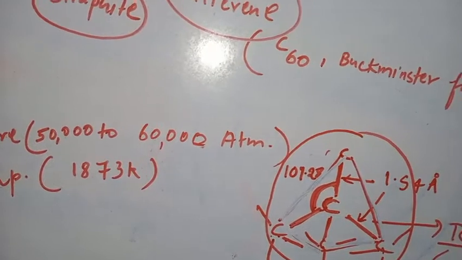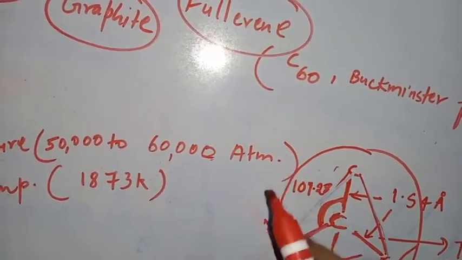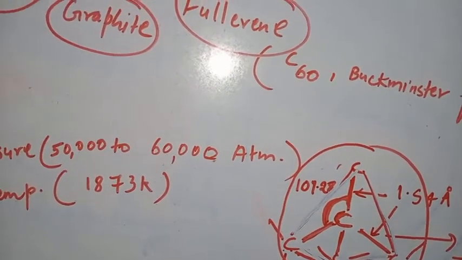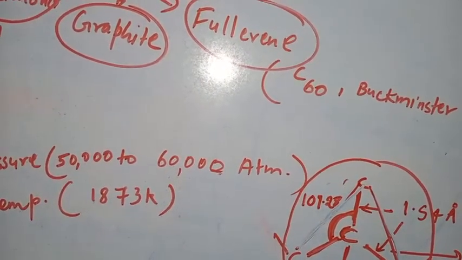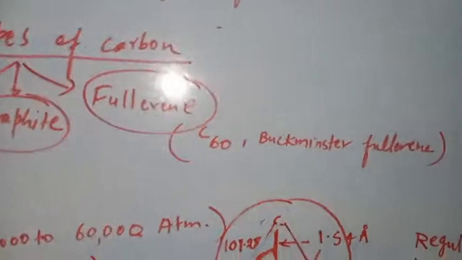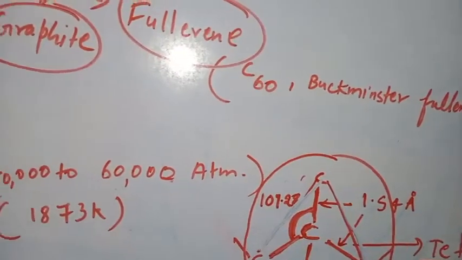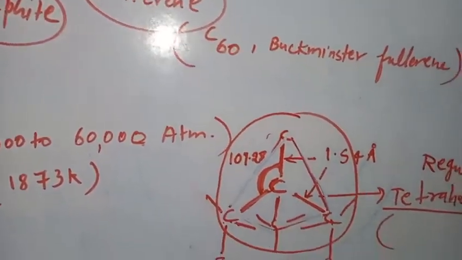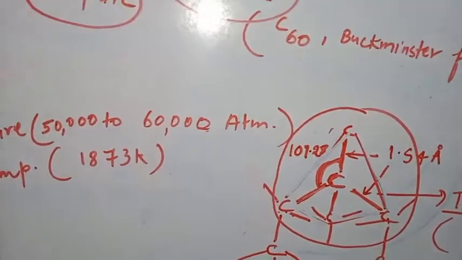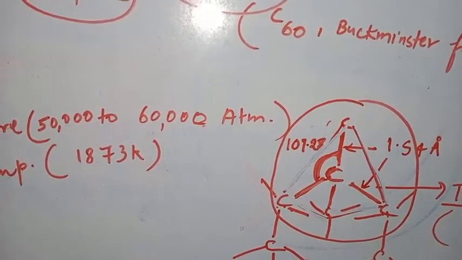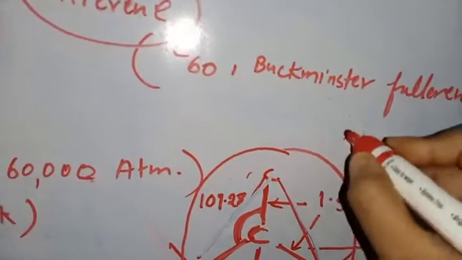And the angle between the two adjacent covalent bonds is 109.28 degrees. So due to this tetrahedral arrangement of carbon atoms, diamond shows a rigid 3-dimensional network structure.